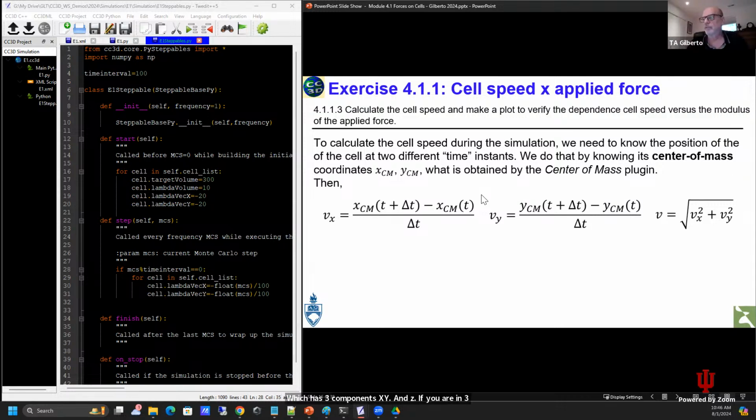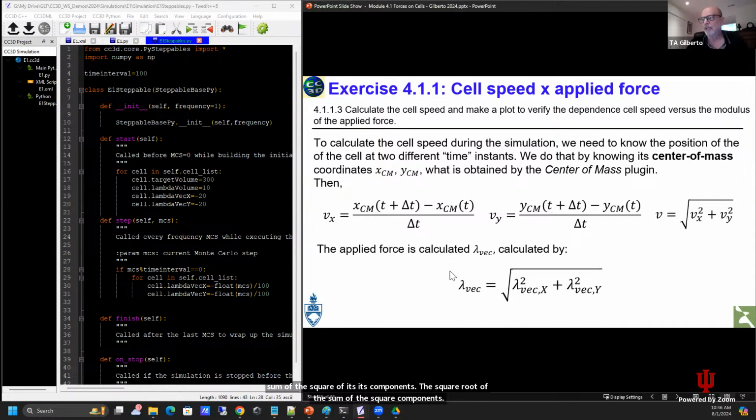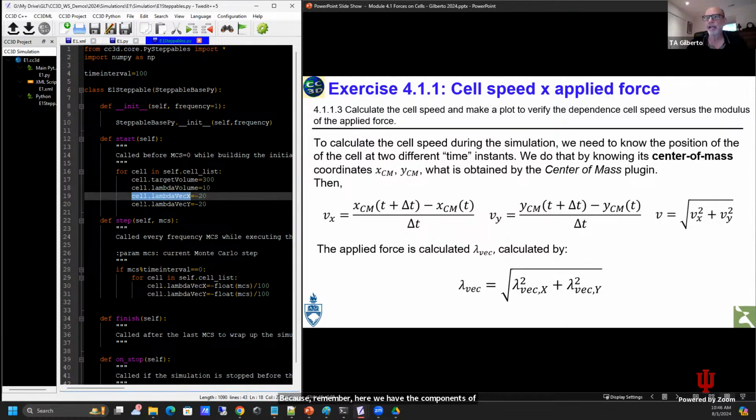So to calculate v in the x direction, y direction, and the speed, which is the square root of the sum of the squares of its components, we need to calculate also the center of mass, and the applied force too, because remember here we have the components of the force, vec x and vec y.